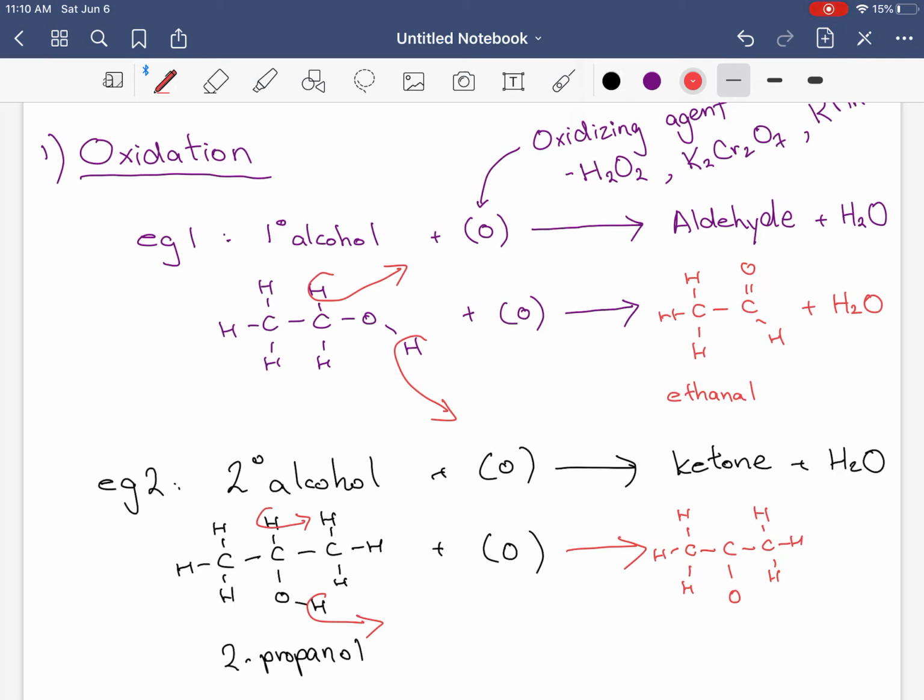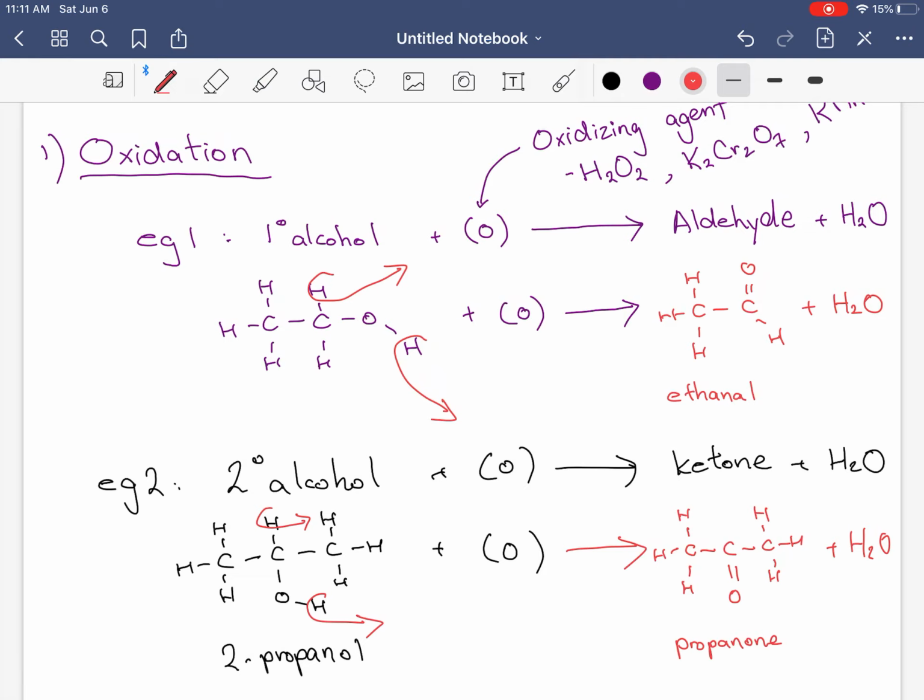Now, you know this is not complete because this C is missing a bond. This O is missing a bond. Oh, whoa, you want a bond? No big deal, let's bond together. There you go. Isn't that a ketone? So what we have here, of course, is propanone. That's water.